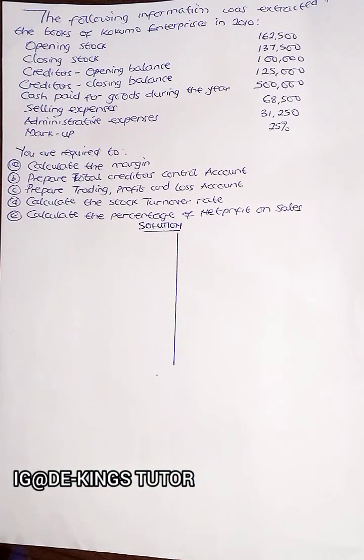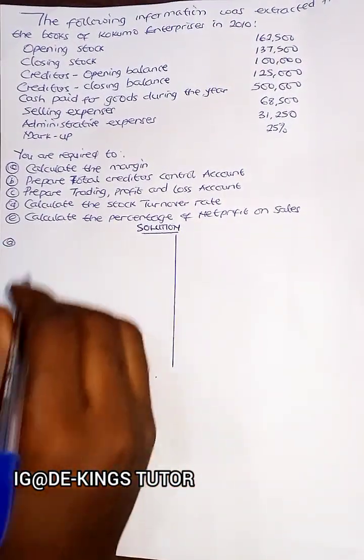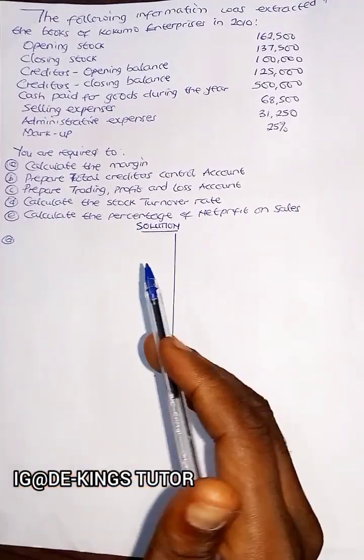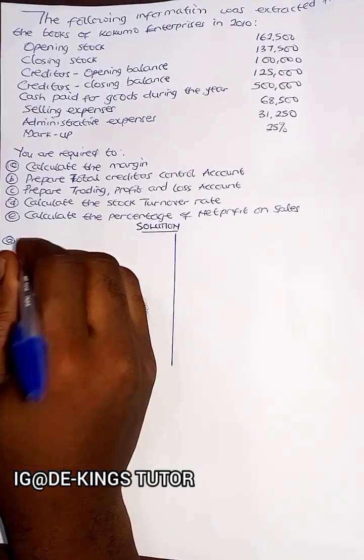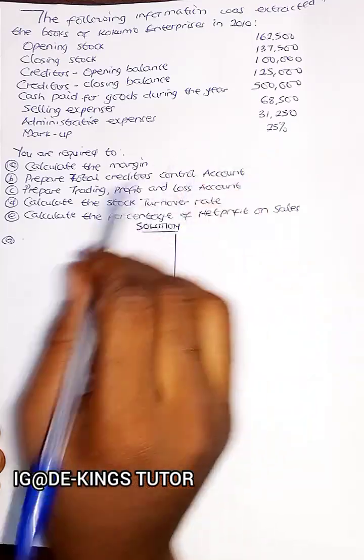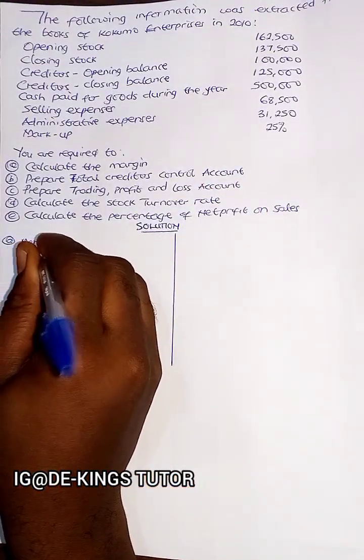Okay, now let's move. The first one says the margin. Now we have done how to convert markup to margin. I'll drop it up here. Ensure you check it. So now to convert, we are given a markup of 25%.